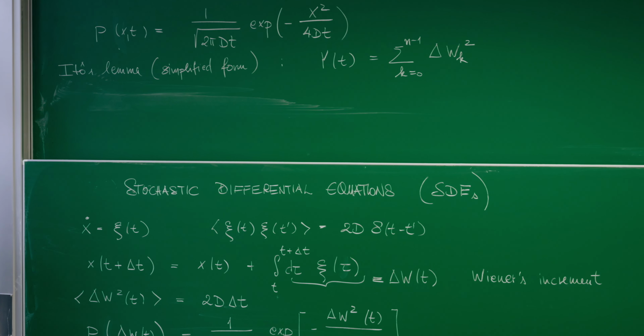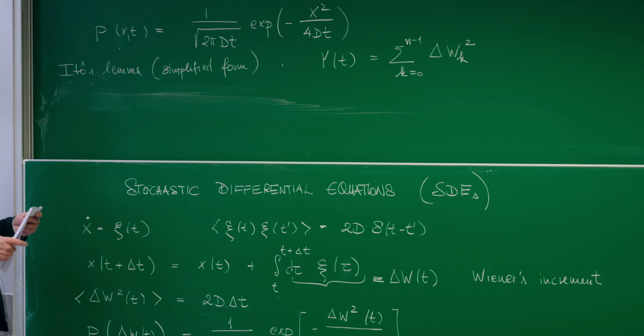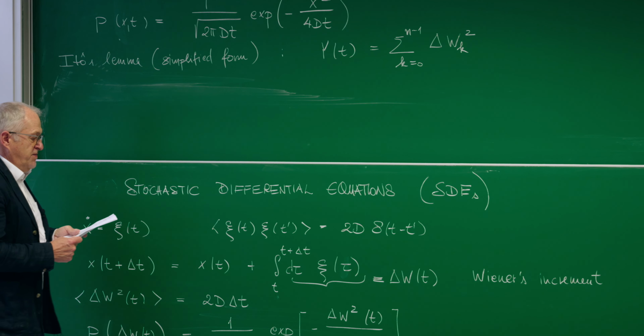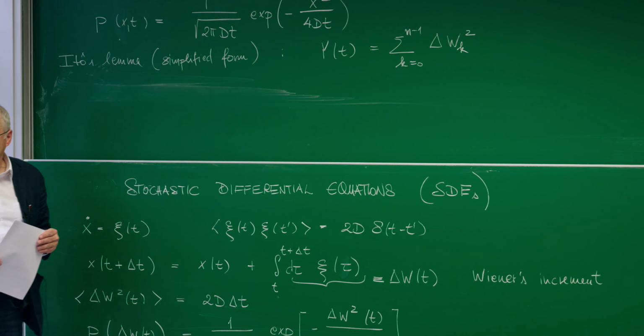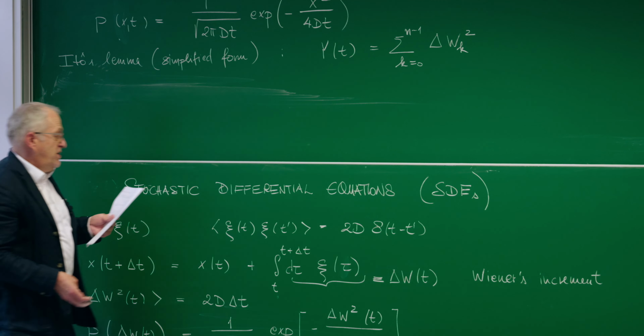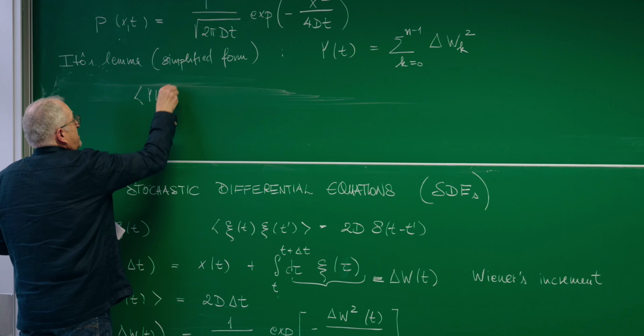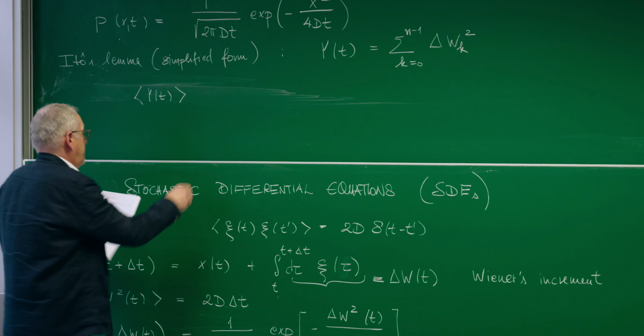It's also a stochastic integral because it's a sum here over the second moments of the delta w's. And we want to know what the value of that is. We can do the mean of y of t. Well, that's very easy.